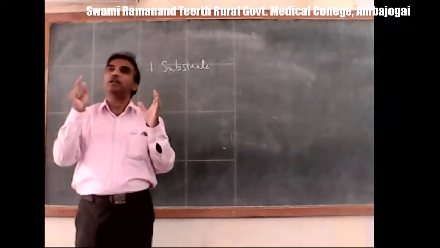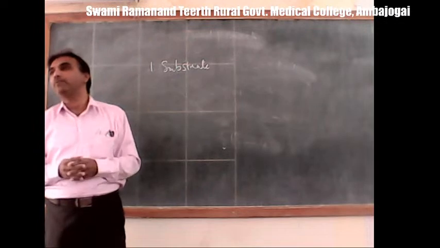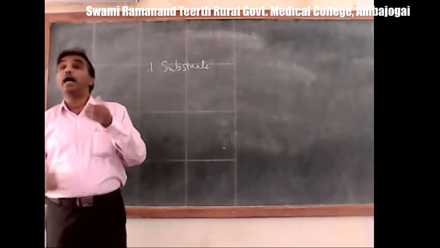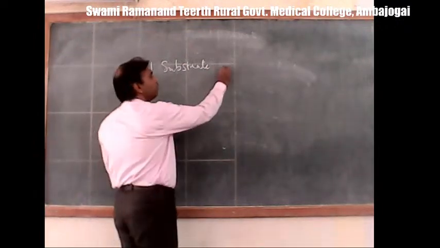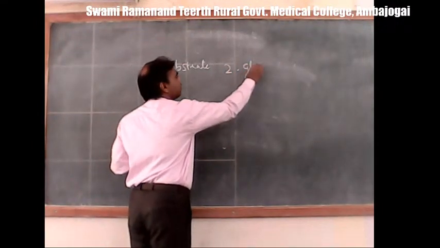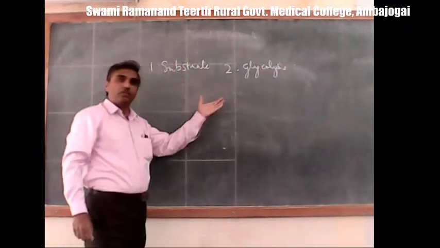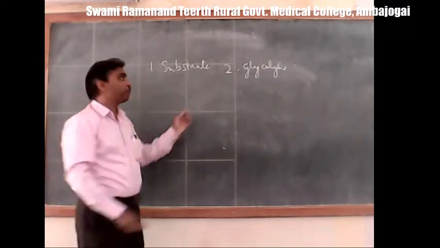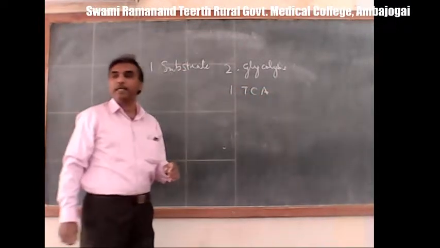Substrate has got higher energy capacity. It can donate it to the ADP for the formation of ATP. And we have got three examples of this. Two in glycolysis. I hope all of you have studied this. Okay. And one in the TCA cycle, that is the tricarboxylic acid cycle.